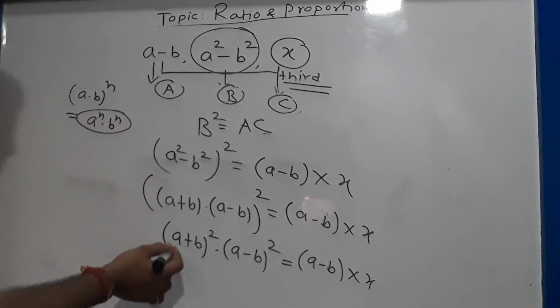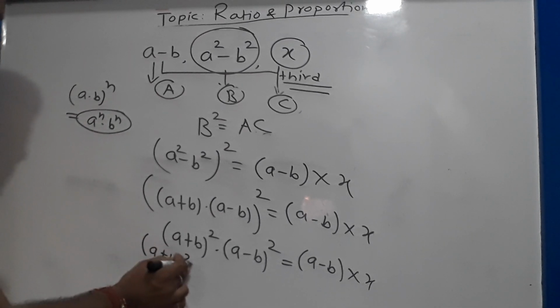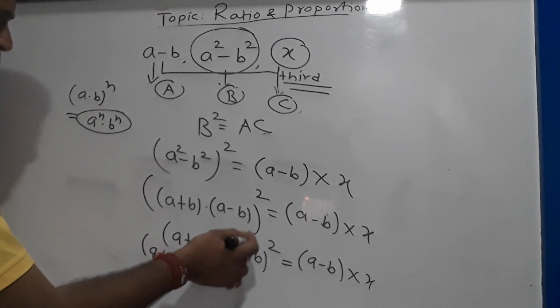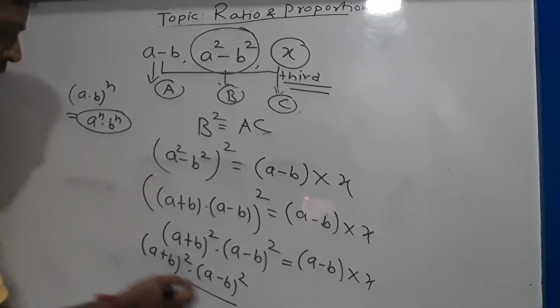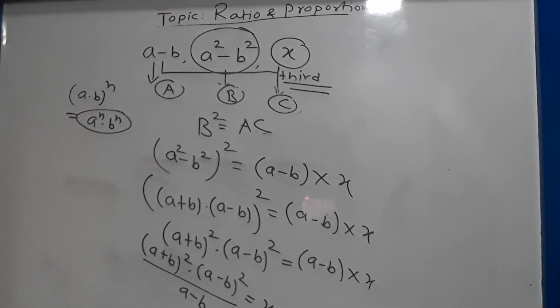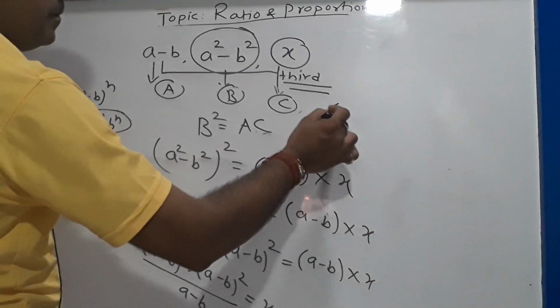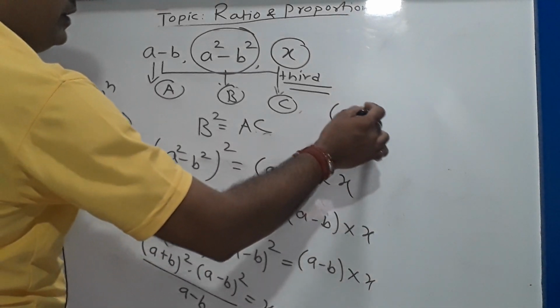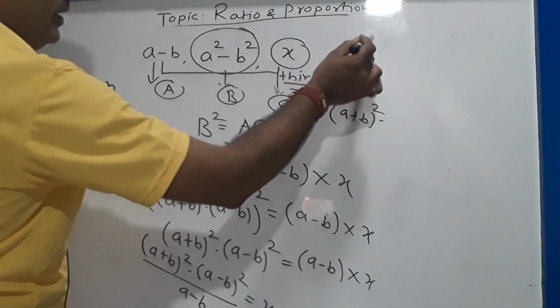This A minus B will go in the denominator. (A plus B) power 2 into (A minus B) square upon A minus B is x. Correct?